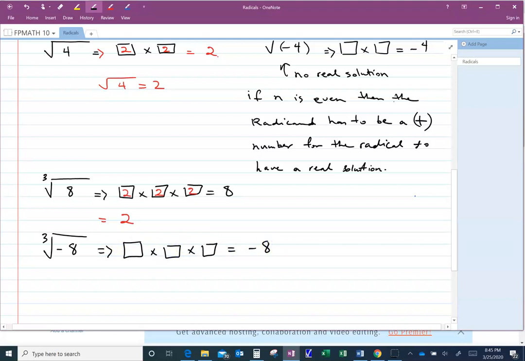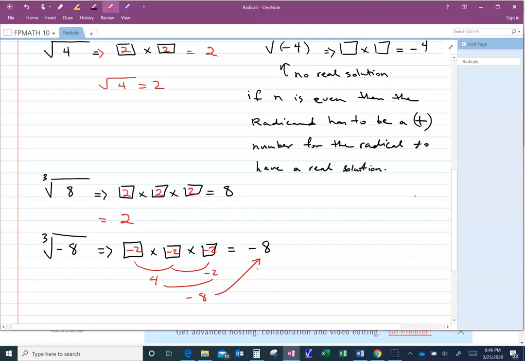In this case, if we choose -2 for all of them, you notice that it actually makes sense, because -2 times -2 is +4, and +4 times -2 gives me -8, and -8 is the final answer.